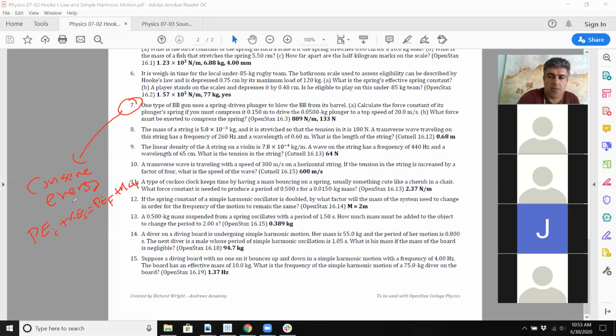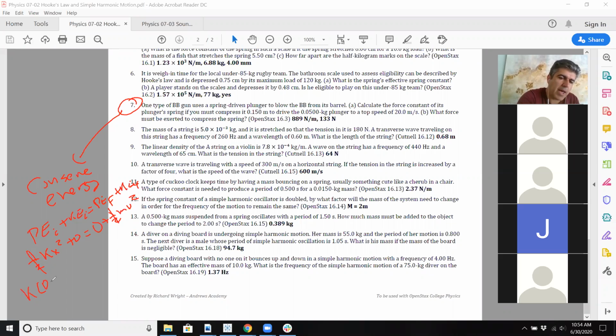Now, initially you have all potential energy. That's going to be 1/2 kx squared plus 0, and that's going to equal your final potential energy, which is 0 because now it's in full motion, plus 1/2 mv squared. Yeah, I think you're on the right track. The 1/2s are going to cancel from each side, and you're solving for k.